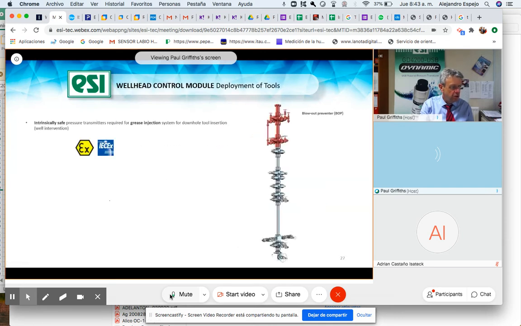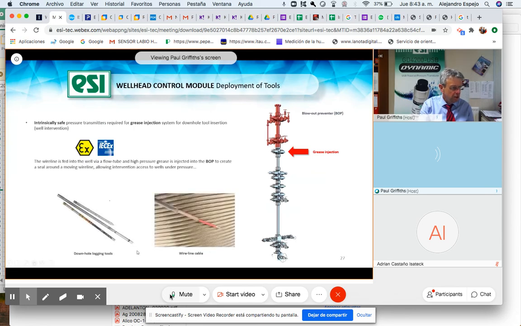Wellhead control. So this is a system where the tools have a downhole sensor. These are examples of downhole logging tools. In here you'll have all sorts of sensors: pressure, temperature, angle, accelerometers, everything.